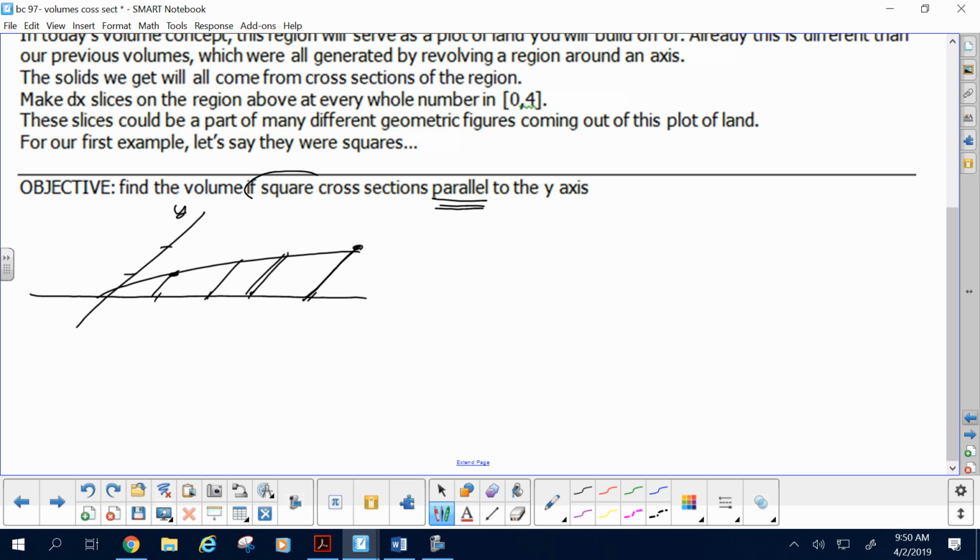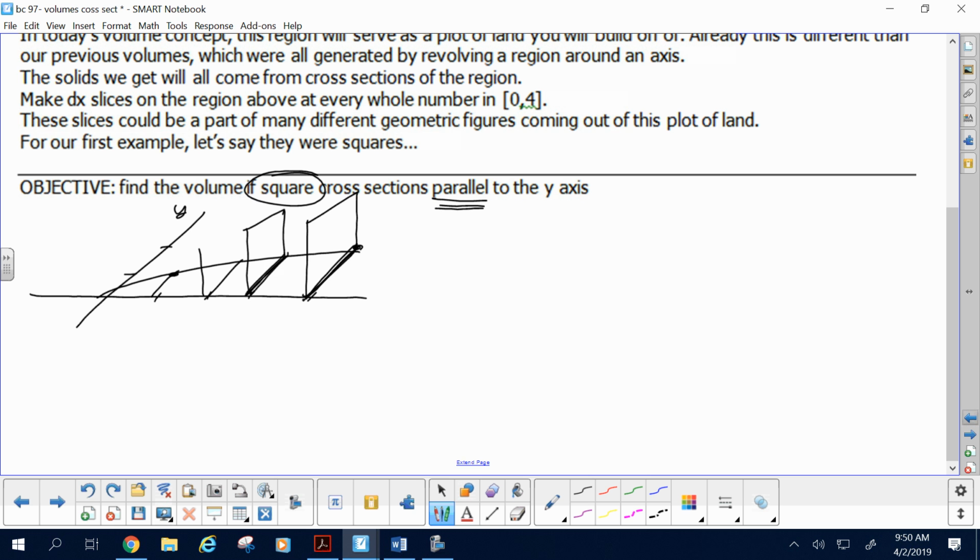Now they're square. Now that is to say that I'm going to have, this is one side of the square, and the heights that are coming out of that are exactly the same way. So that might be the biggest square cross section. When I go to this one, surely this part isn't as long, so the heights coming out of those are not as long.